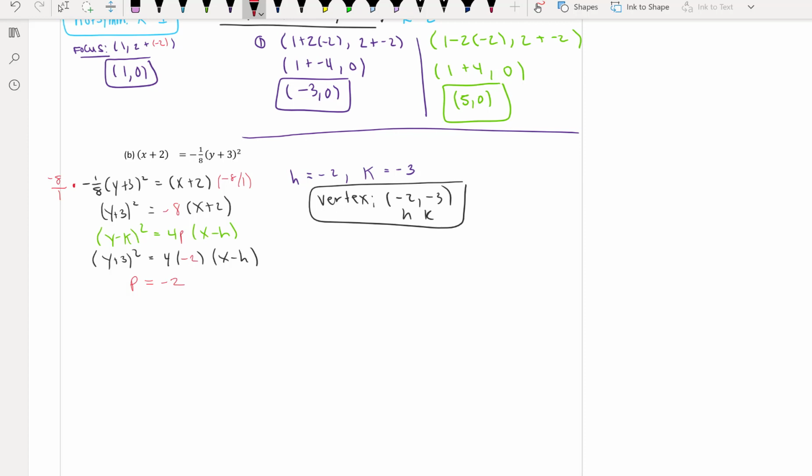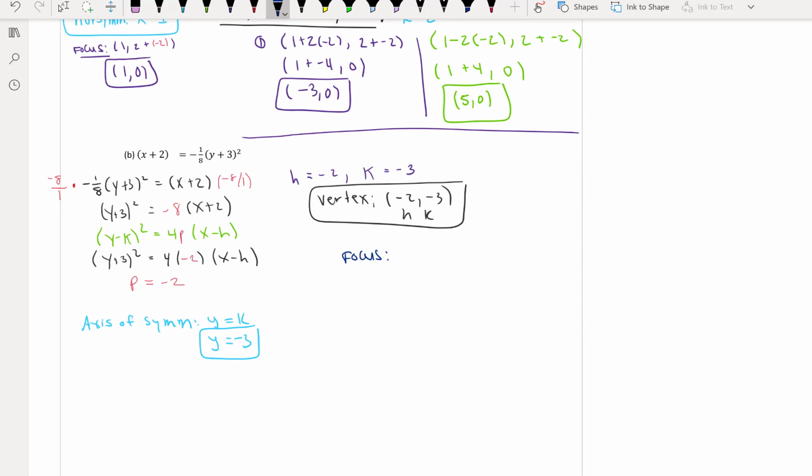So some other things that I know is going to be my axis of symmetry. For my axis of symmetry, that's y is equal to k. So here my k value is negative 3. So I'm going to have that y is equal to a negative 3. That is going to be the axis of symmetry here. Now, the next piece of information that I'm going to be using is the focus.